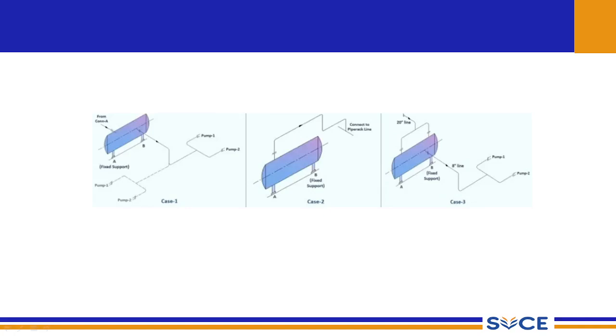So this entire span of the pipeline needs to be connected through the pipe rack line. The fixed support is placed at a convenient strategic location to accommodate this entire pipeline span, and also the load induced by this vessel.